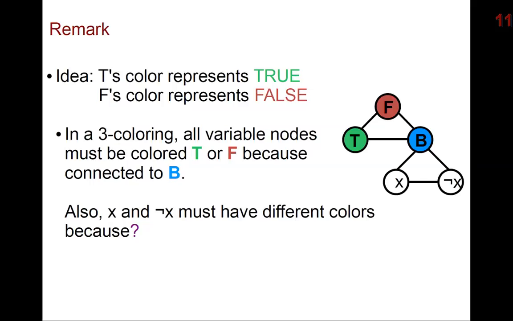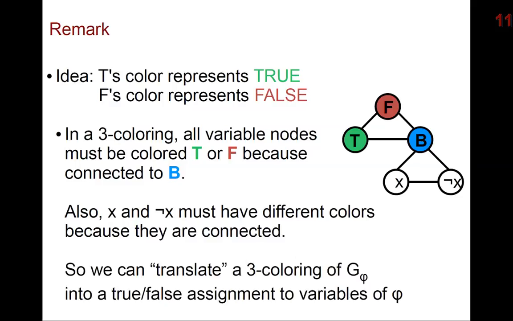So either you make X green and not X red, or you make X red and not X green. In every tricoloring, this is always the case, regardless of anything else.